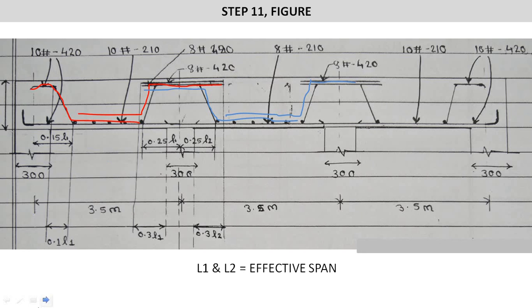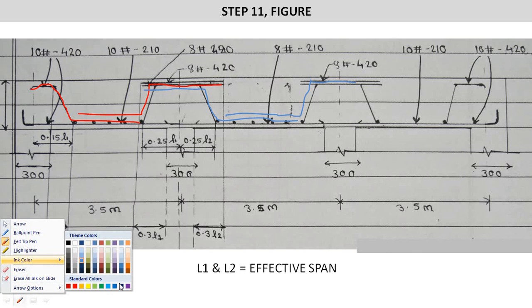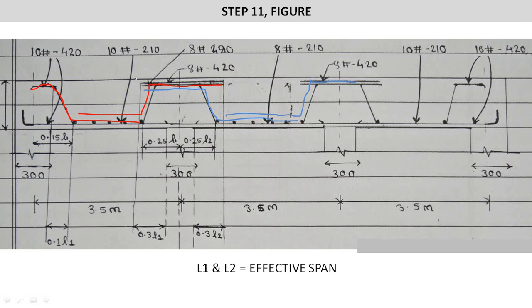Above it, the extra top bar will be provided connecting these two reinforcement, blue and red, and the dotted ones are the distribution bar. The distances for bent ups and all are provided in the figure. You can use these equations.